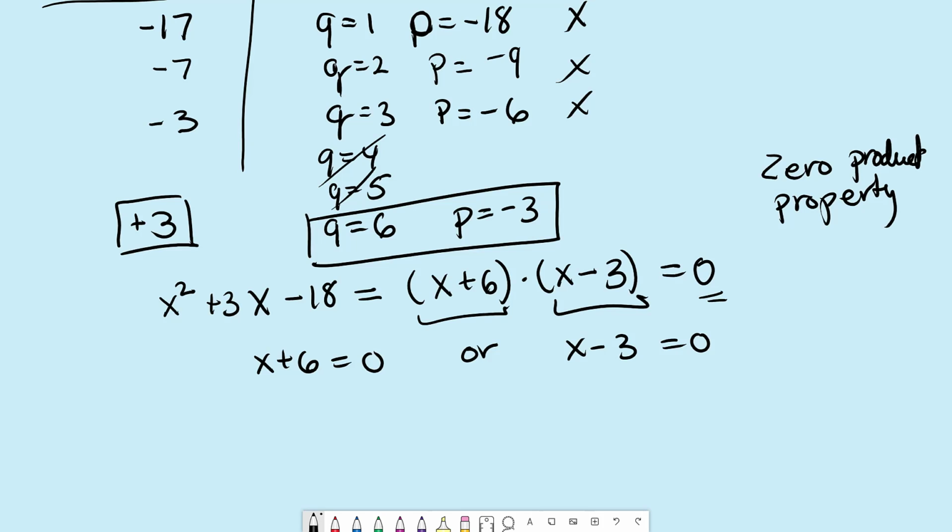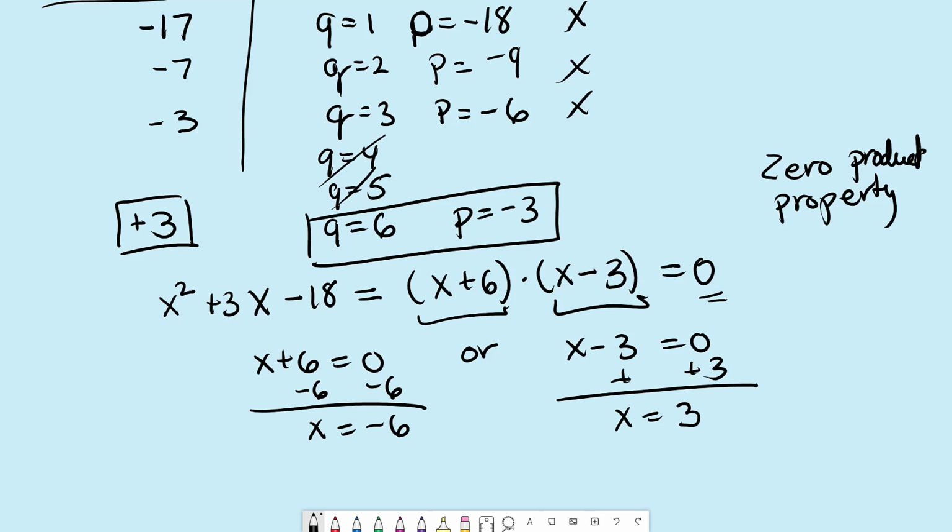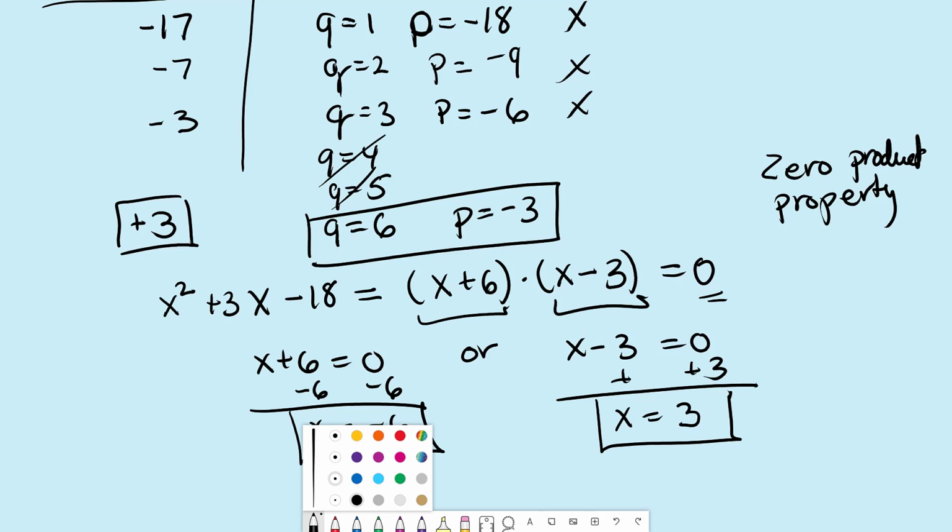So these are relatively easy equations now to solve. Let's subtract 6 from both sides of the left one. We get x equals negative 6. Or we can add 3 to both sides of this equation, and we get x equals 3. Again, we have to use these properties where we add or subtract on both sides of the equation. We can't do something to one side and not the other. So we have x equals 3 and x equals negative 6, and those are solutions to the first equation we started with.